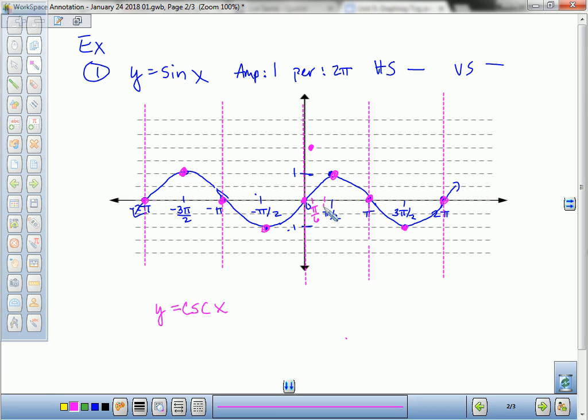Okay, let's do pi over 3. The y value is square root of 3 over 2. If we flip it, the reciprocal is 2 over the square root of 3.